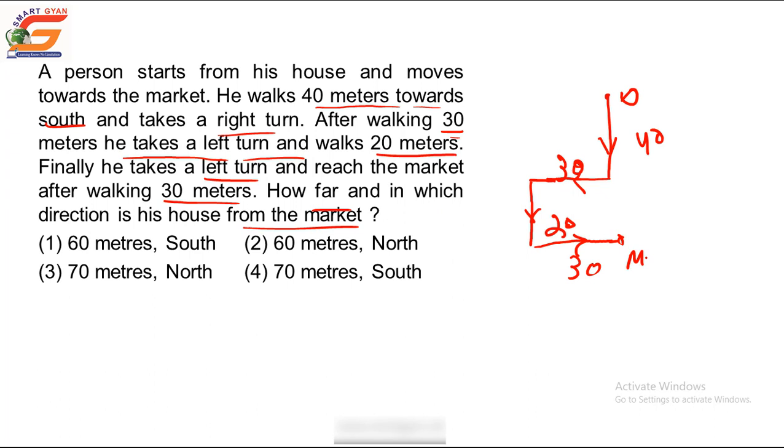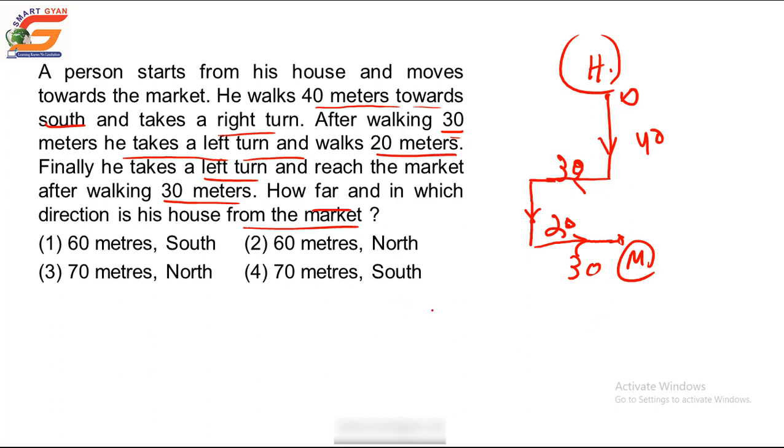Then the question is how far and in which direction is his house from the market. So this is the origin, that is his home, and this is the market. From home to market, it is clearly visible that the market is in the south. So the house is in the north direction of the market.